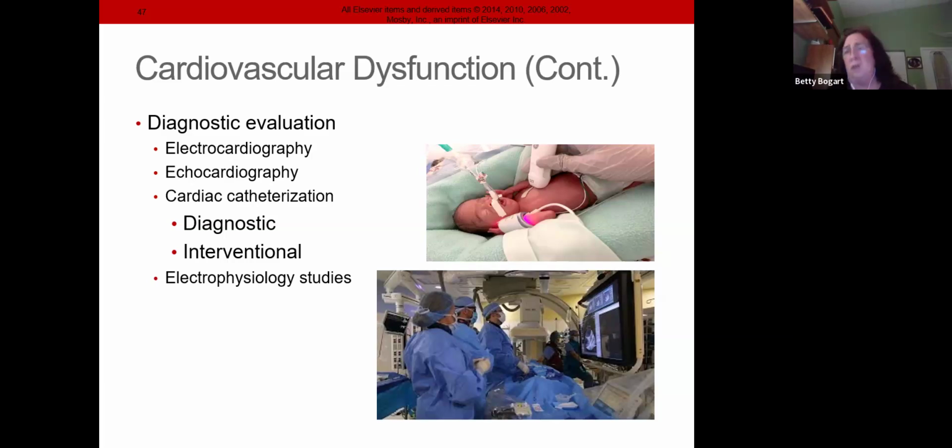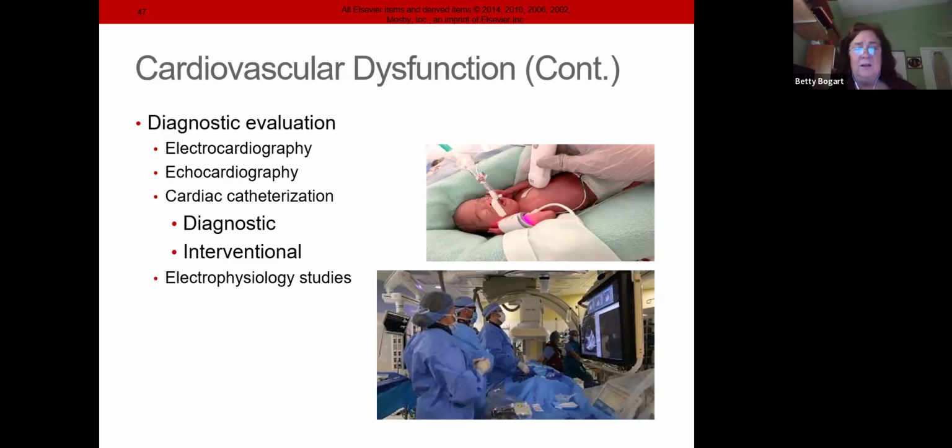And then if they figure that out, absolutely prepare. This child's going for cardiac cath, and it's for a diagnostic. They're going to find out this child has this, that, or the other cardiac problem. And then the surgeon has a map of what to do to be able to fix it when they do surgery. Now, sometimes they do interventional. It could be to patch a hole in the upper heart or the lower heart.